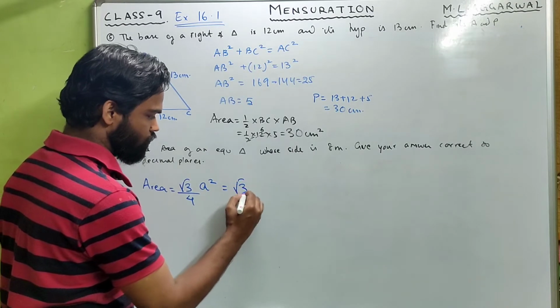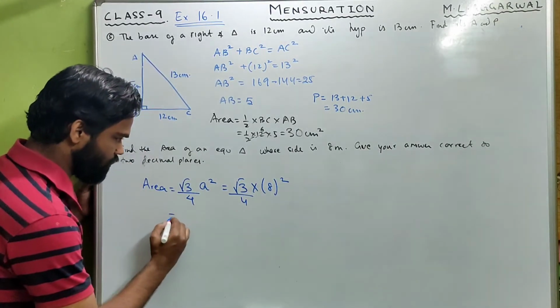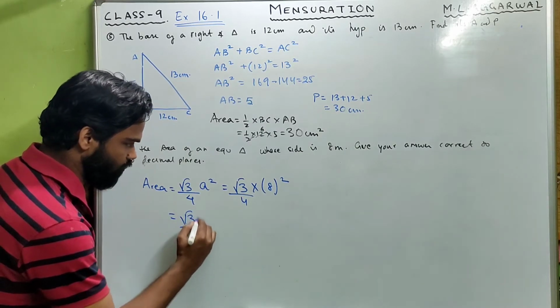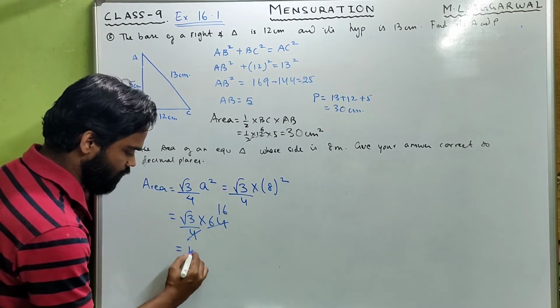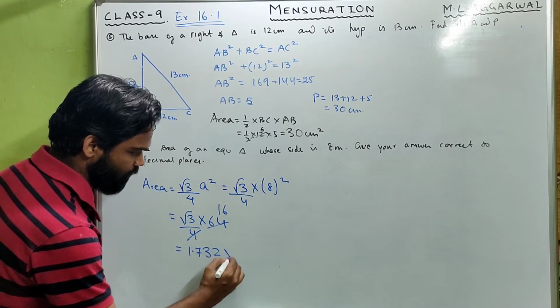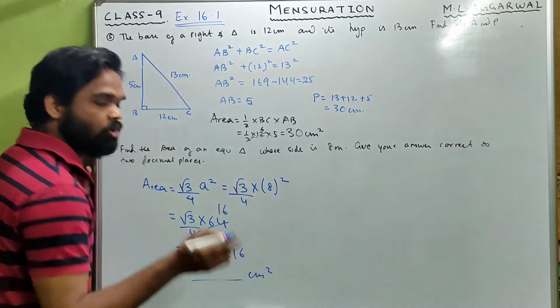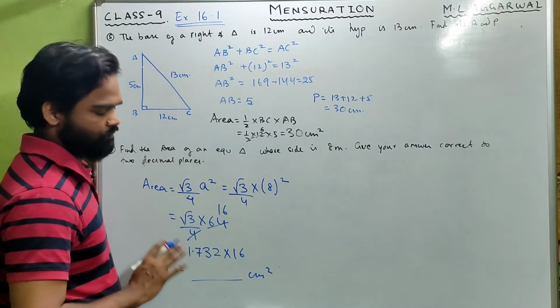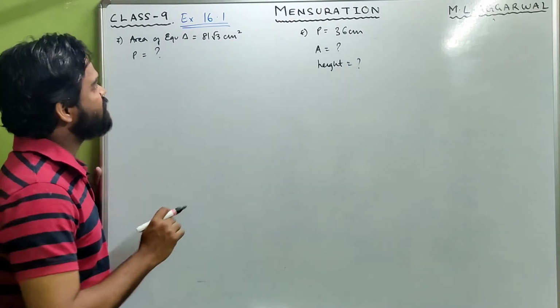So this will be root 3 by 4 multiplied by 8 square. So that's root 3 by 4 multiplied by 64. That's 16. Root 3 is 1.732 multiplied by 16. You multiply it and give the answer in 2 decimal places. Very simple. Okay.